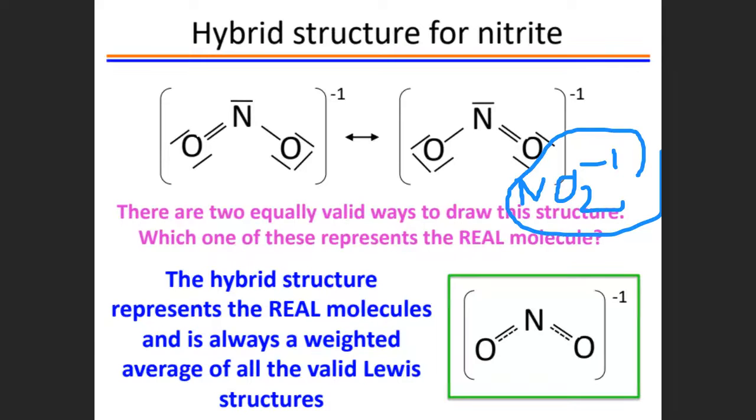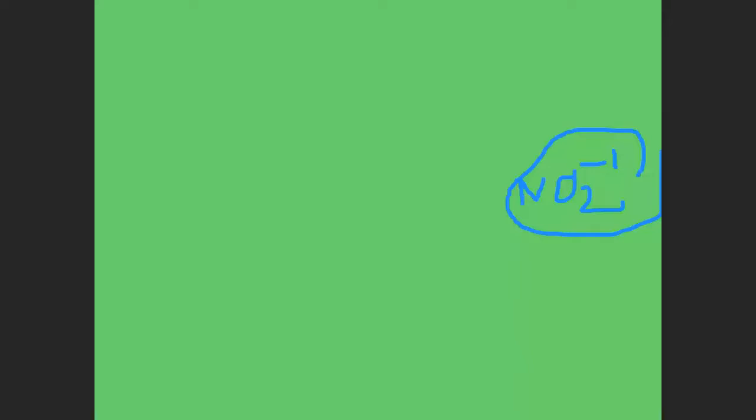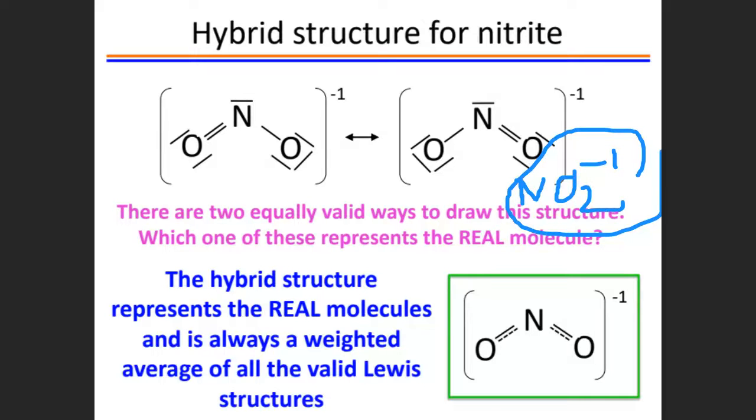Can you tell the valence electrons of nitrogen? Atomic number is 7. So how many valence electrons will it have? Nitrogen, N. Yes. And oxygen? 6. Yes, oxygen 6.